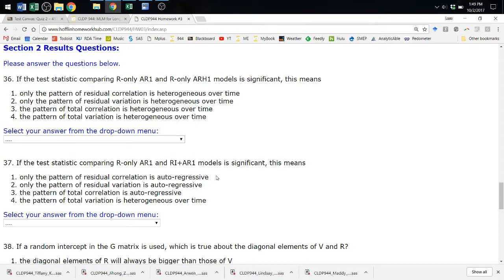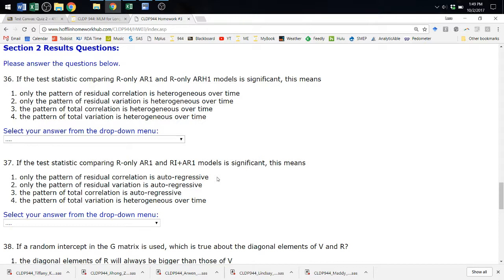So these questions 36, 37, is that where we're at? These questions are getting at this idea here. Whenever a model with a random intercept fits better, that implies that there's something different about the pattern of residual correlation than the pattern of total. Without giving the answer away, let me see if there's anything else I can say here.